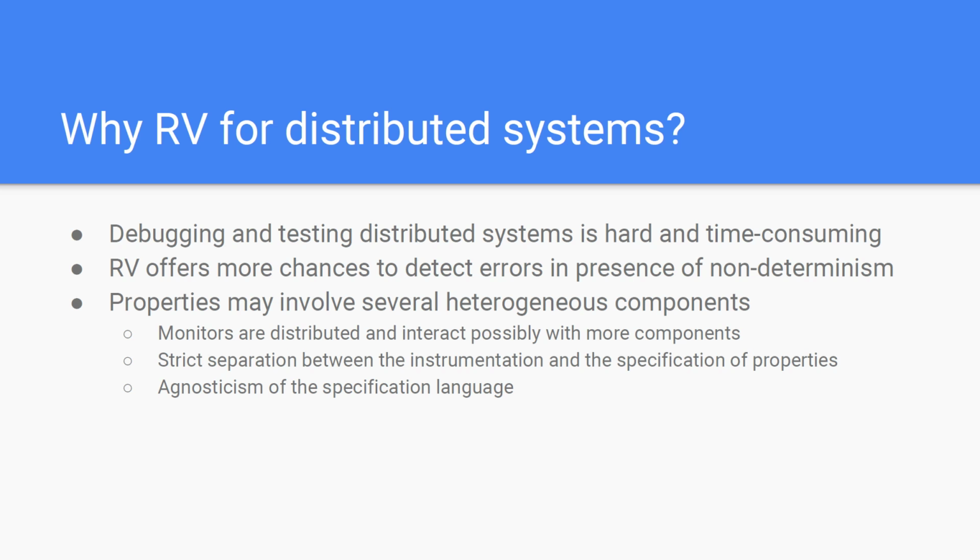In this case, you want to keep the specification language well separate from the implementation. And necessarily, your monitors must be distributed, to be able to interact with different components of your system and monitor the global behavior of your system.